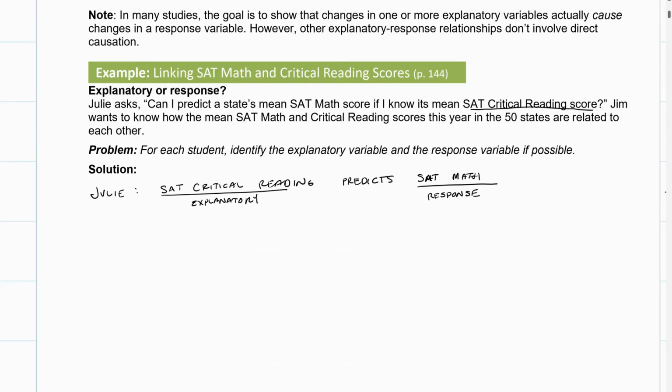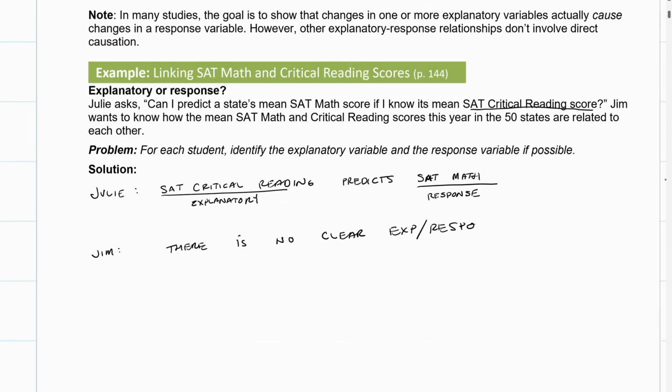But Jim's question is simply asking, is there a relationship? He's not trying to say a predictive relationship, or that one comes before the other. And for Jim, we might say there is no clear explanatory response relationship.